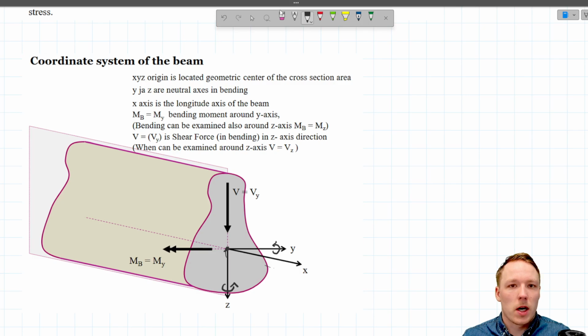Now, when we want to calculate things where we are loading the beam around the y-axis or z-axis, we need to be able to calculate the second moment of inertia and section modulus for these scenarios.